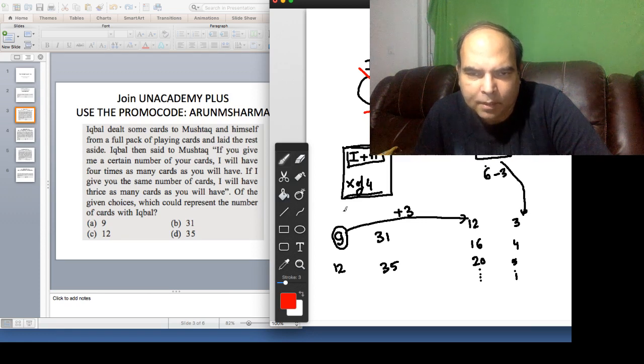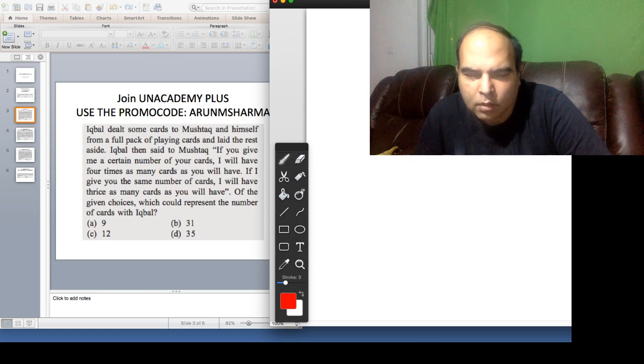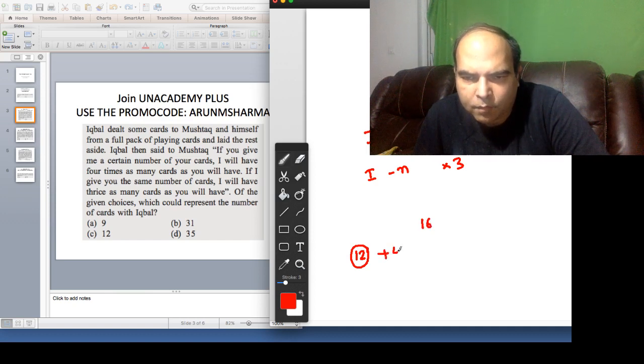So if I just clean this board now, what has to happen essentially is that Iqbal's cards plus n has to be a multiple of 4 and Iqbal's cards minus n has to be a multiple of 3. So if you look at an option like 12, the closest multiple of 4 on the plus side is 16, which needs a plus 4.